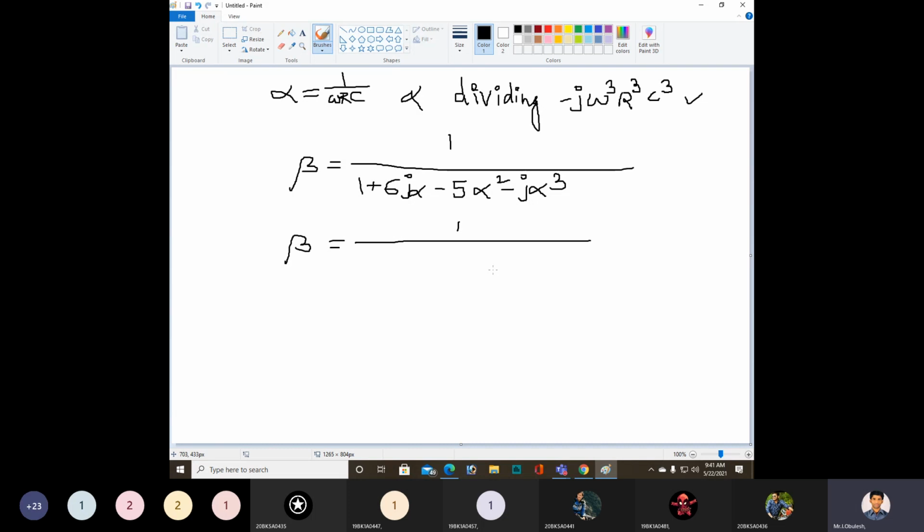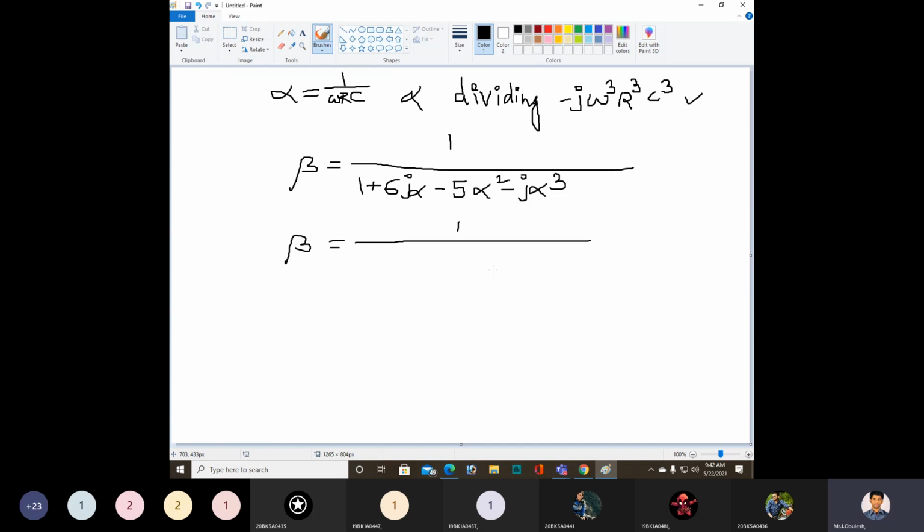So like in that format, you need to simplify it in the format of x cubed plus 5x square plus 6x plus 1.